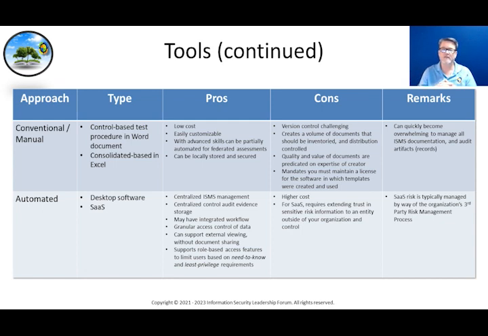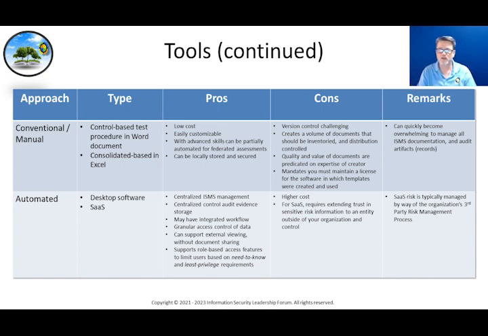The quality and value of documents are predicated on the expertise of the creators, and it mandates that you must maintain a license for the software for which the templates are generated. So whether that's Microsoft Word or Excel, if your organization might be looking at going to OpenOffice or something like that, you may want to make sure that whatever you create is portable over to another platform.